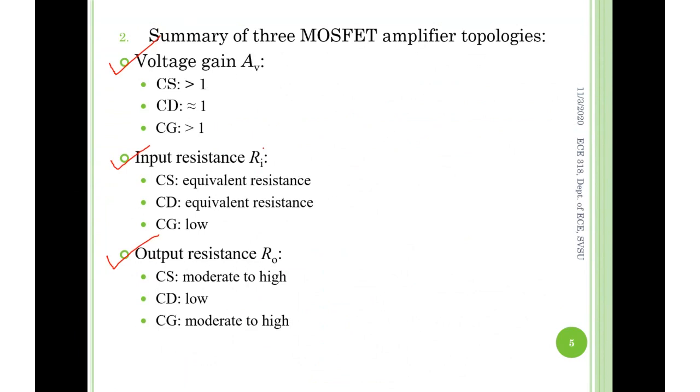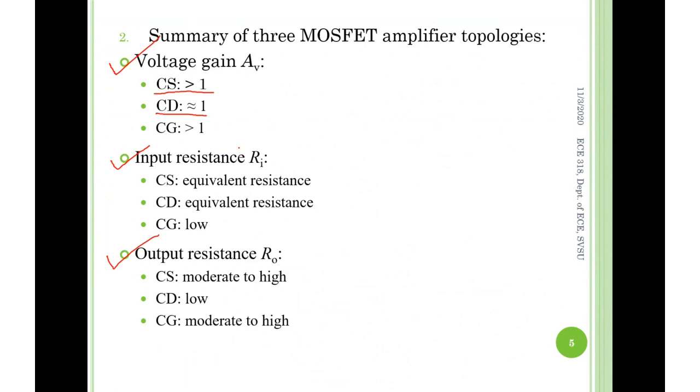First, the gain. Common source has decent gain. It's greater than 1. It's not very big, but it's greater than 1, which means common source is able to amplify the input signal. The second, common drain. Can common drain amplify? No, right?